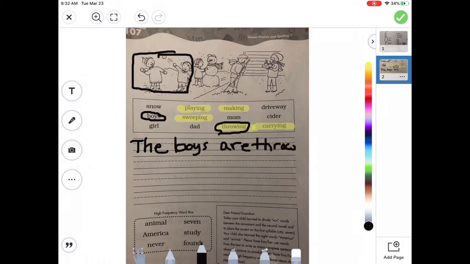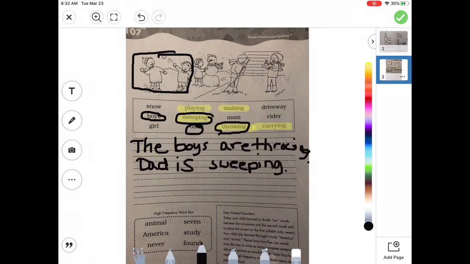The boys are throwing. Let's try one more and then I'm going to see if you guys can pick another one. Okay, my next word says sweeping. Who's sweeping? Dad is sweeping. Very good.